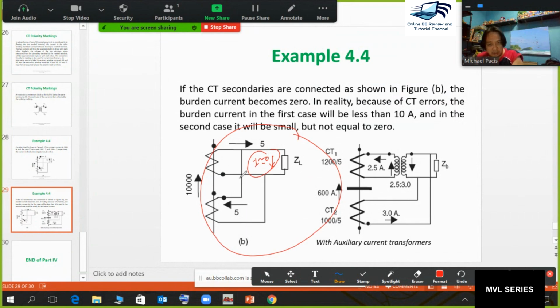It's the same thing with auxiliary transformers. If we go here, here, and then outside. So the polarity marking is very important in getting the current flow on the CTs. It's again like mutual inductance: you need to add the mutual inductance, or you need to subtract it. You can go to the mutual inductance topic. It's the same thing here.